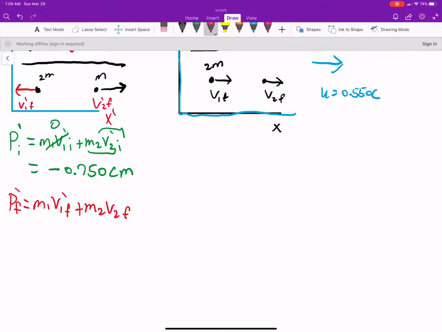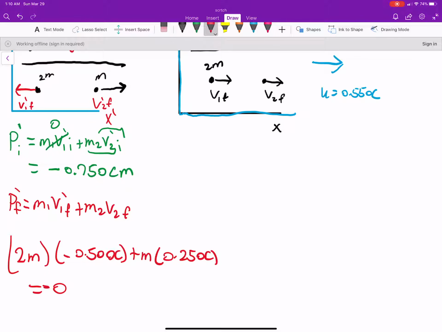Well, we have 2m times the final velocity, minus 0.500 c, plus just the mass times 0.250 c. And you'll get momentum final equals momentum initial. So that's the first thing that we wanted to see, is that momentum's conserved.